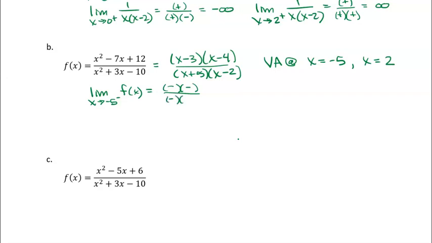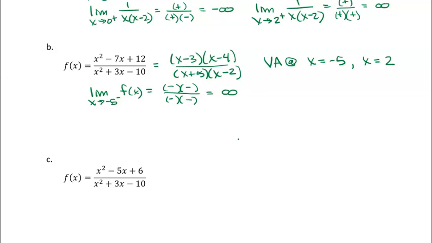And then here x minus 2, that's going to be negative. All right, so all my factors are negative, but negative times negative is positive, right? And then so I have positive over negative... so this is going to go to positive infinity.